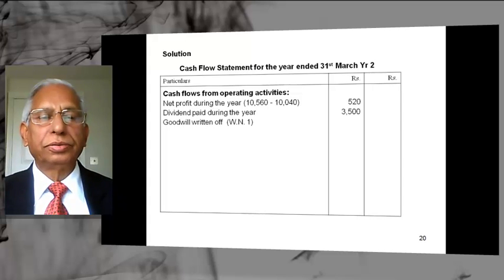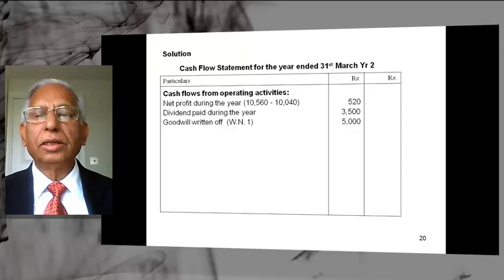Goodwill written off. You will better appreciate this when you see the working note. We prepare goodwill account, and there we see how much amount we wrote off by way of goodwill. It is 5,000 rupees. When we see working note 1, it will be more clear.